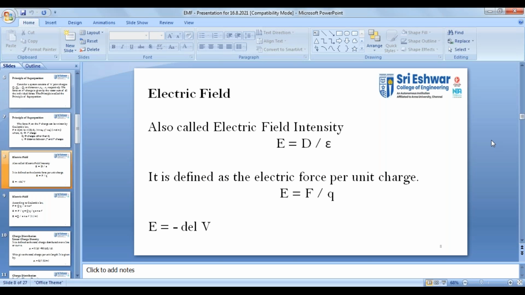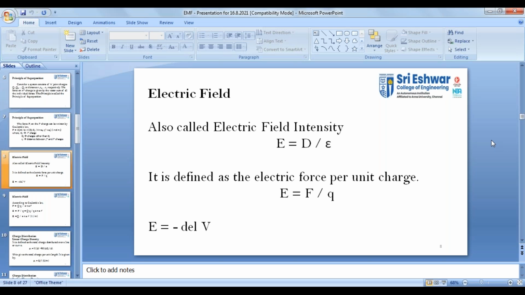So we will move to the next head, electric field. Okay. See, electric field here we are calling electric field intensity. Its notation, we know, is E. So we know one relationship from the first module, units and constants, that we have seen. D, electric flux density or displacement density, is equal to epsilon into E. We know this.